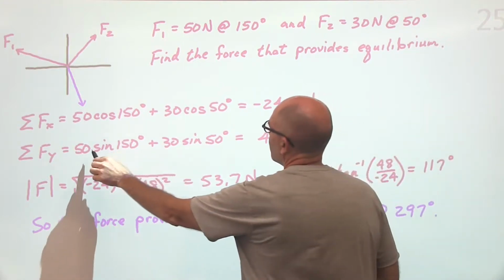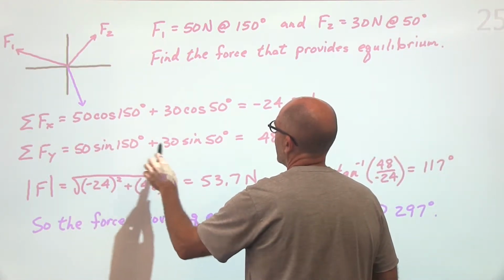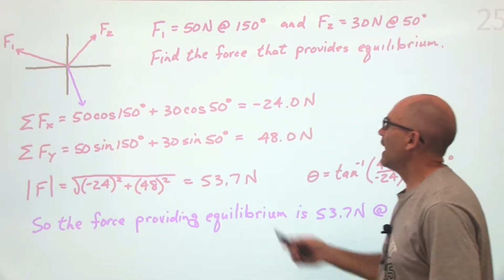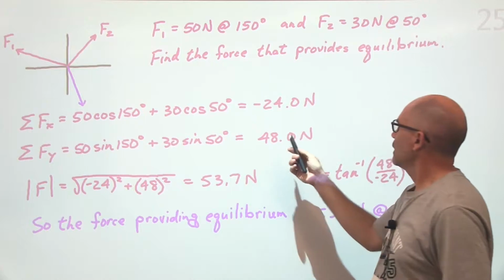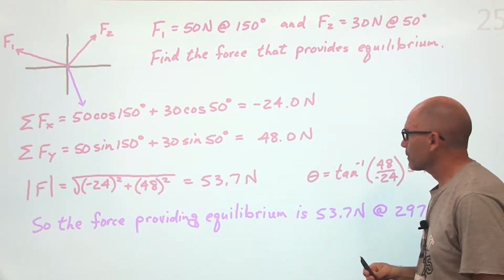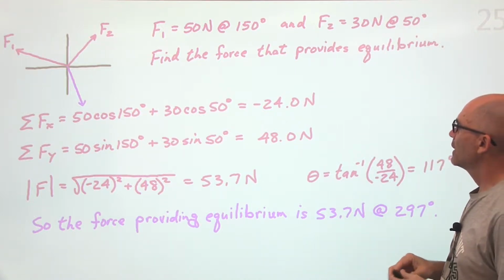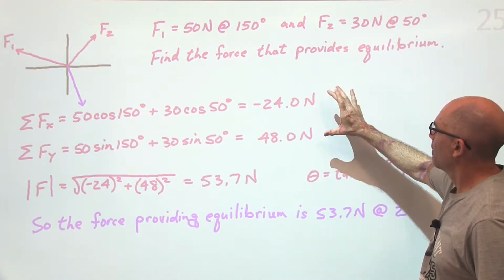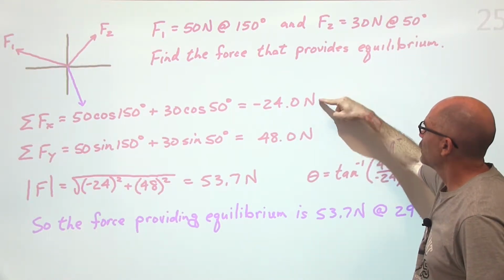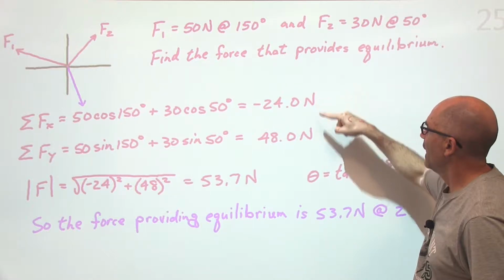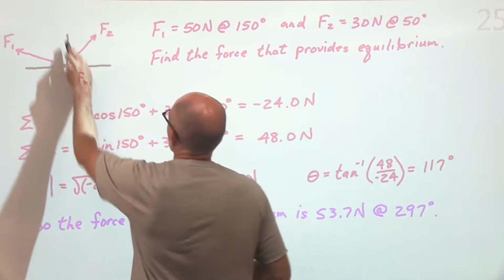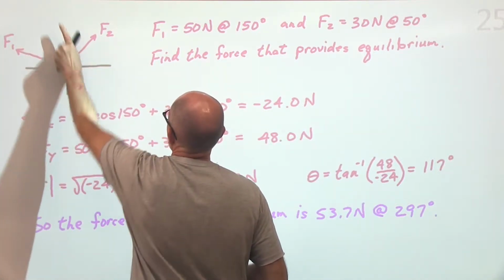So I take 50 times sine of the angle plus 30 times sine of the other angle. Now when I add those two up, I get 48.0 newtons. See, what this basically says is my resultant force is 24 newtons to the left and 48 newtons up. So that's what we have right here, going up and to the left.